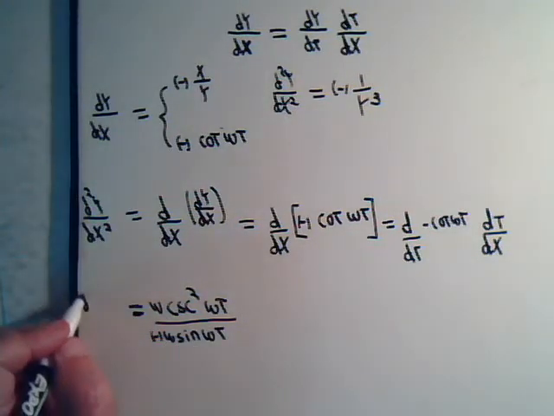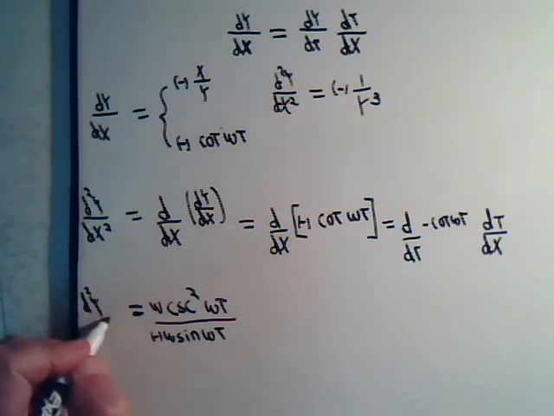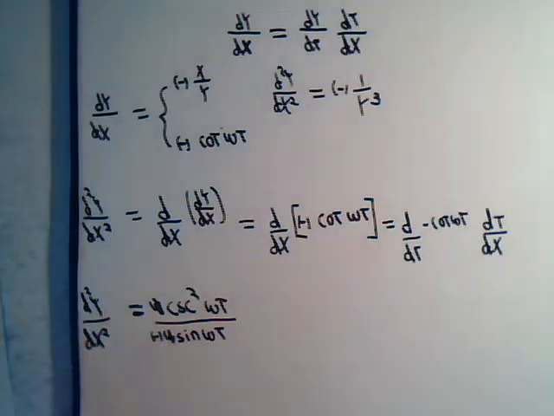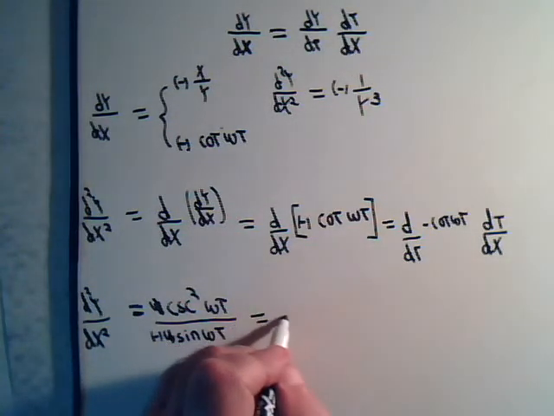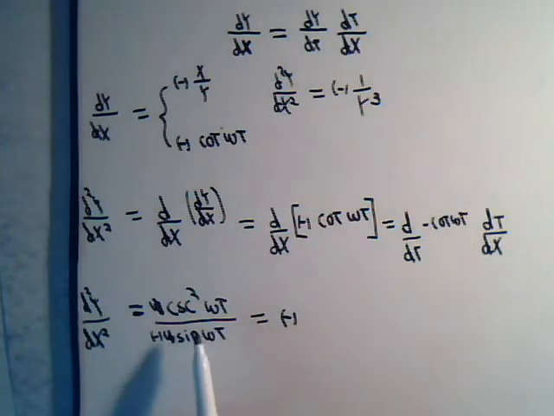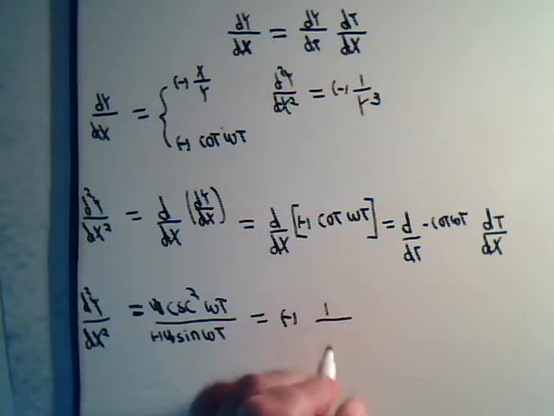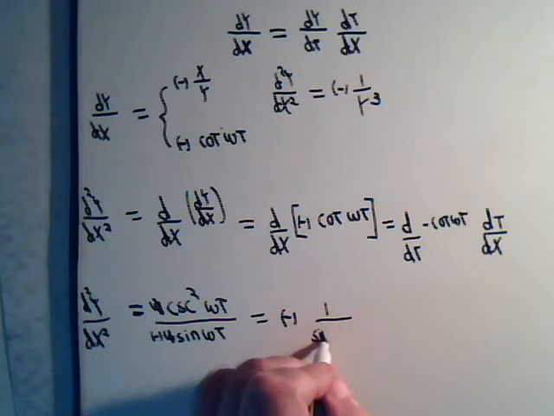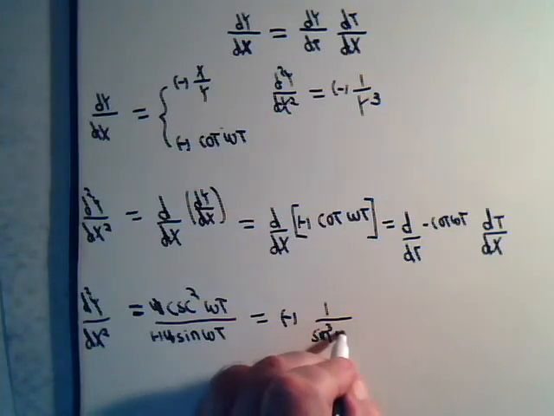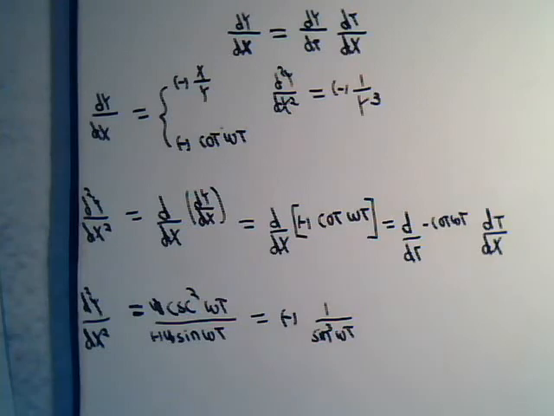And that is d squared y dx squared. These cancel, and this will equal minus. Now the cosecant squared, that's 1 over the sine squared. That brings it down to here where we already have a sine, so this will equal minus 1 over sine cubed of omega t.